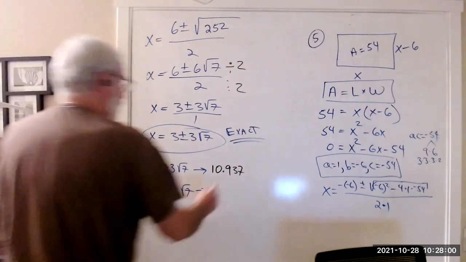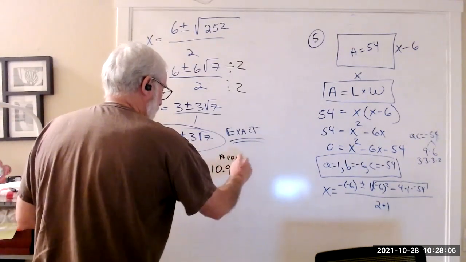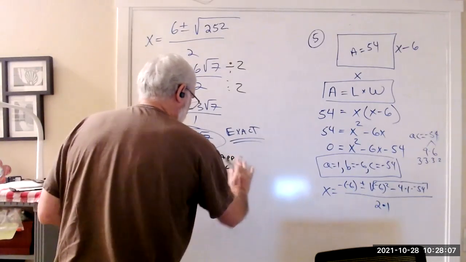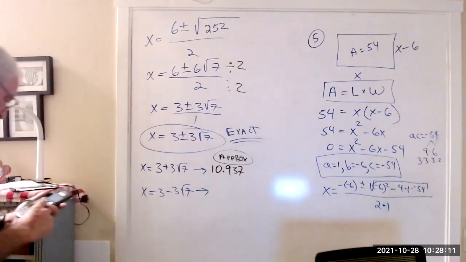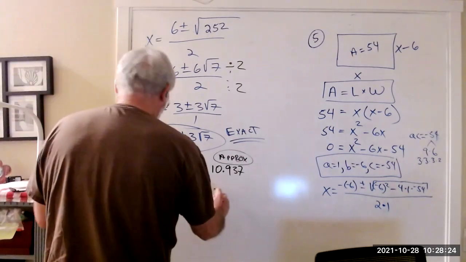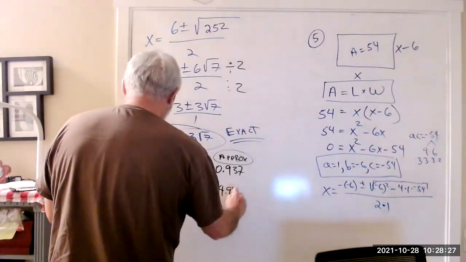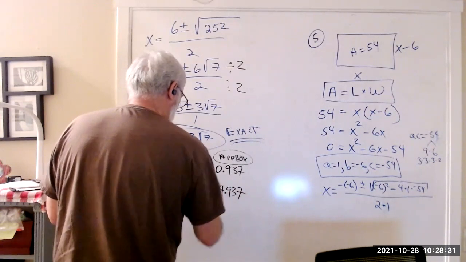But this is the rounded, or approximate, answer. Down here, repeat it again, clear. 3 minus 3 radical 7. FD it. And I get negative 4.937.